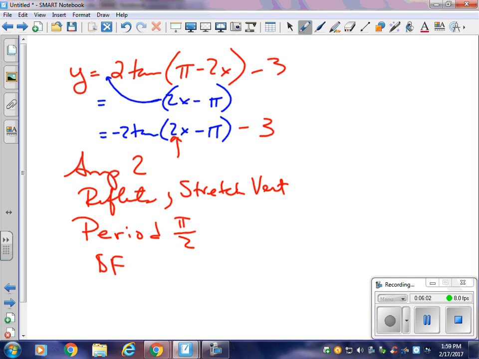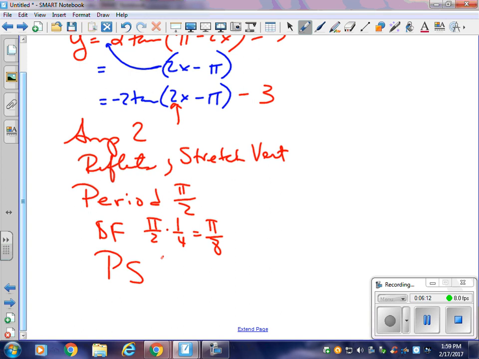And then our scale factor is 1/4 of that, so that's 1/8. Your phase shift is 2x minus pi equal to 0. So x is equal to pi over 2 to the right. And that -3 on the end is down 3.